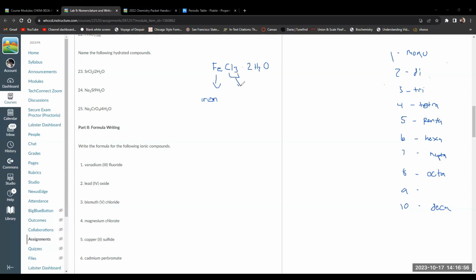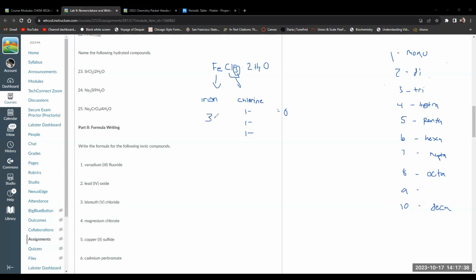And we have chlorine here, and we have 3 chlorines. We know that chlorine is a -1. And we have 3 of them. What is the charge of iron going to be? Again, we're working with 1 iron here. So that means its single charge has to be big enough to cancel these 3 negatives.